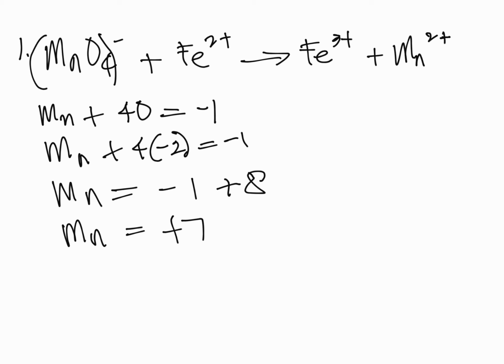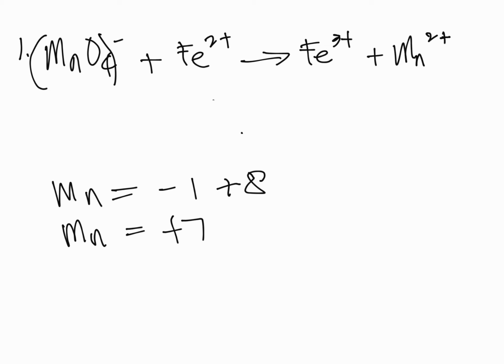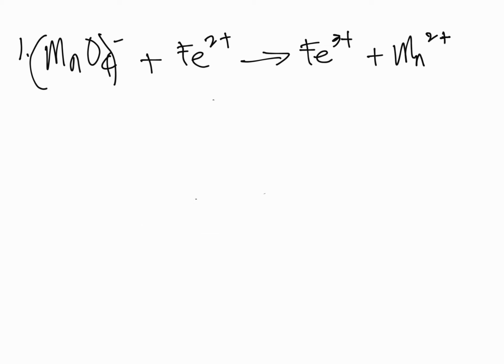Erase this. So Mn will have +7, oxygen is -2. The first thing that you will do is determine which elements undergo oxidation and reduction.